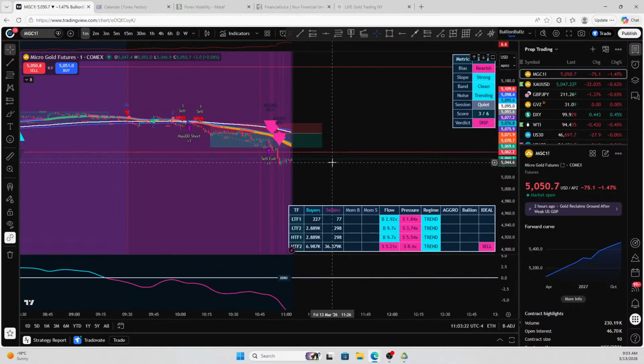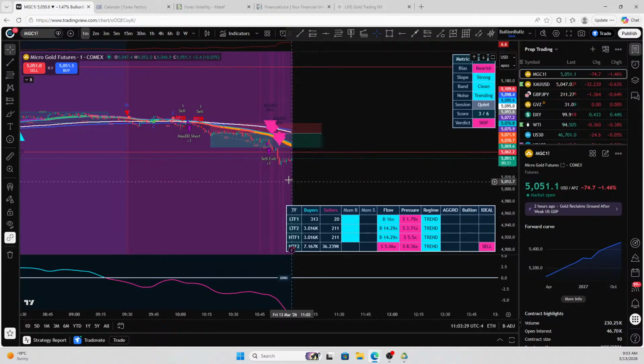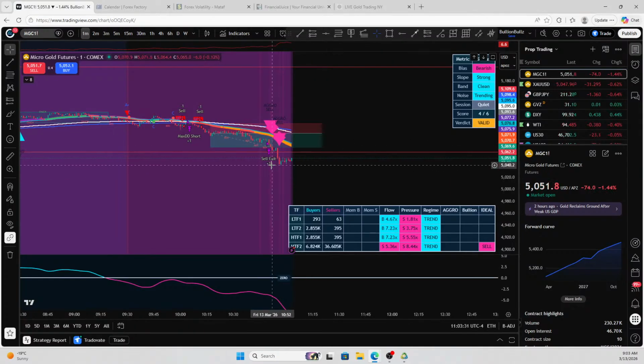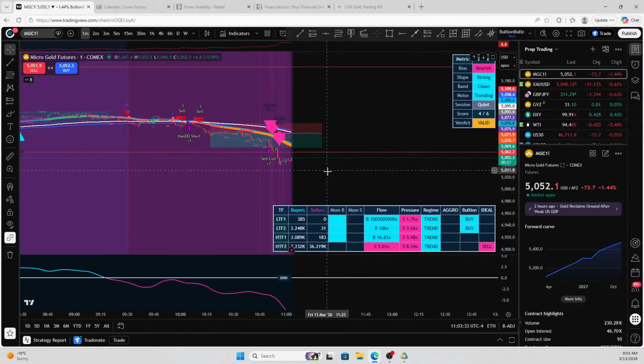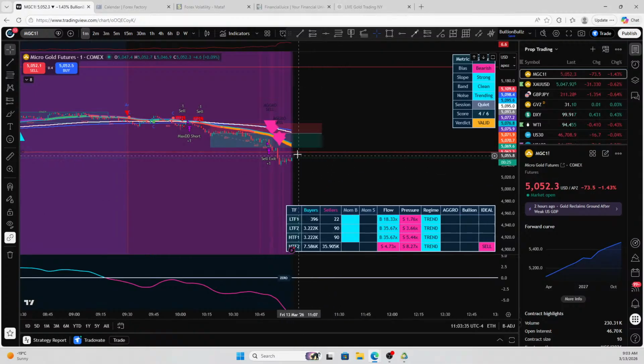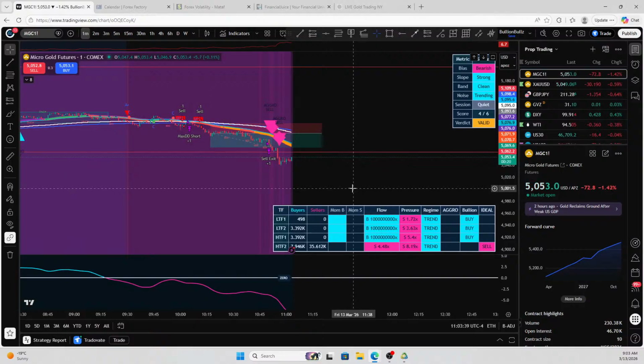So if price breaks this low, creates a high and then creates a low, we know that price is starting to trend downwards, and we can potentially look for those trade setups. For now, we're just going to wait. We're not in a rush to take any trades.